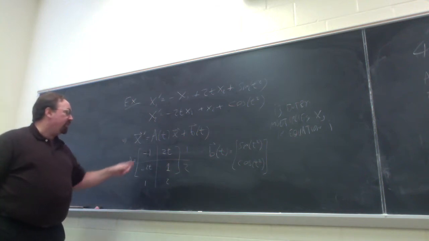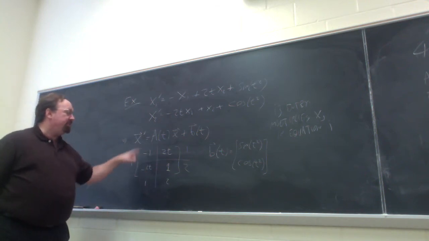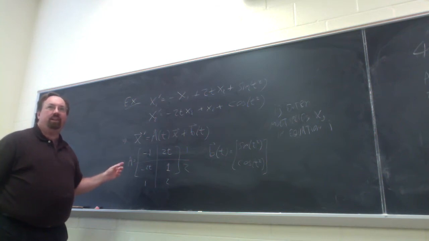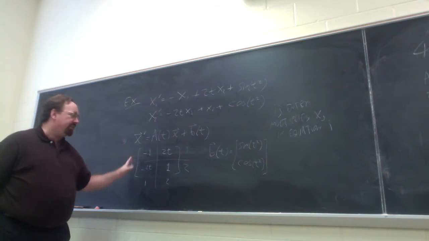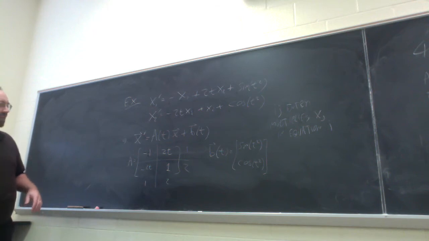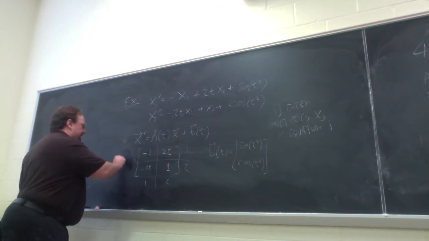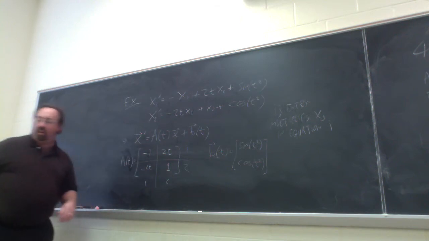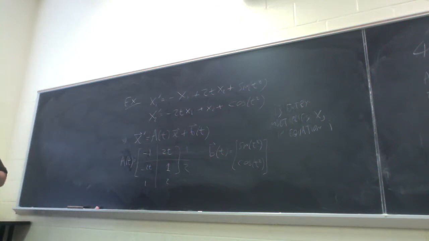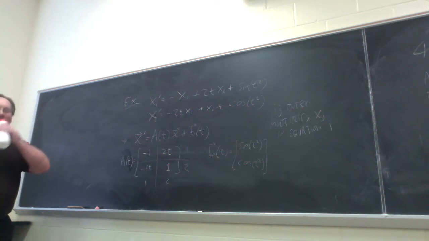And the key is the coefficients must not depend on x's at all. They can be constants, they can depend on t, that's all that's allowed. If that's the case, then I should really call this A of t, and this is a linear system.